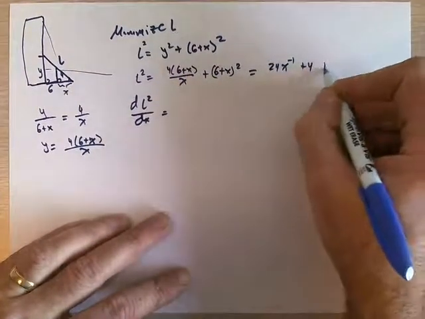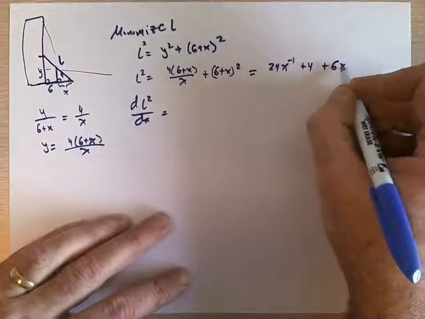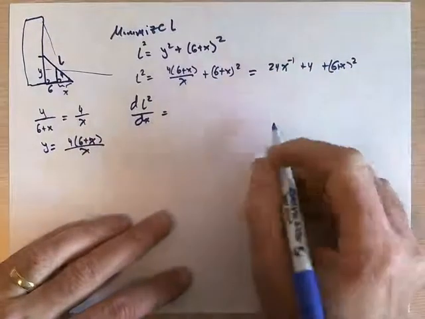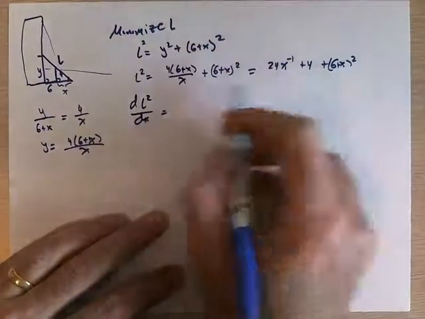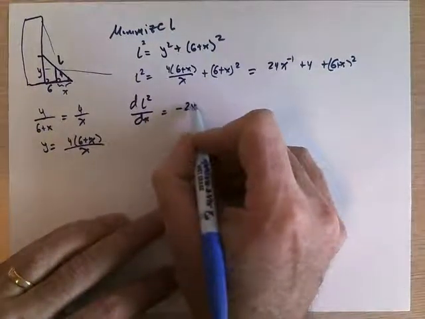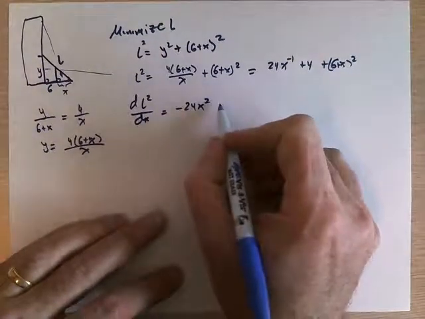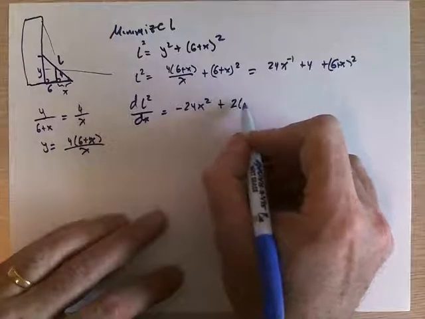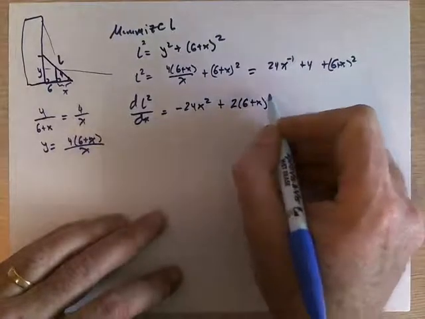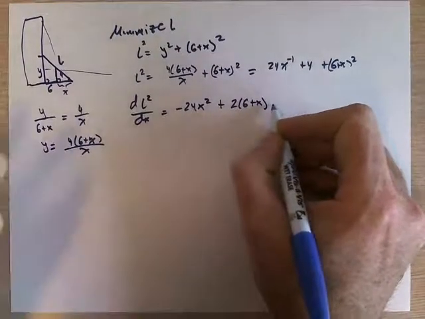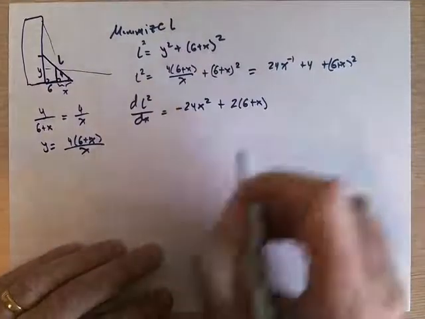I'm just trying to make my own work as little as possible in taking the derivative, so I'm going to take the derivative of this instead. So I've got minus 24x squared plus 0 plus 2 times 6 plus x to the 1 power times the derivative of the inside, which is 1.